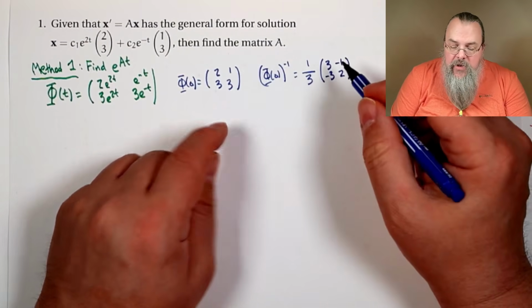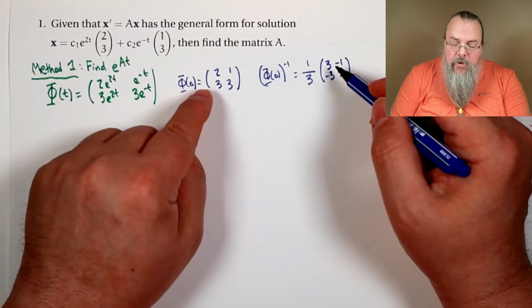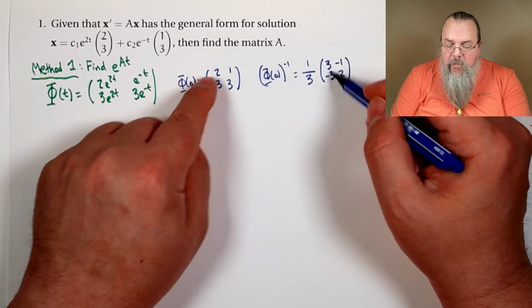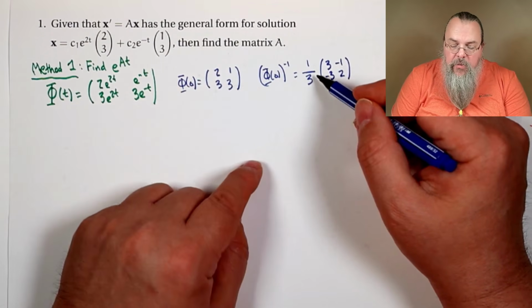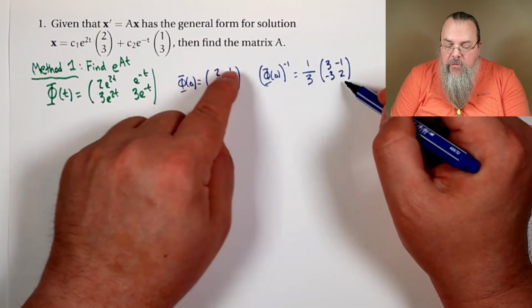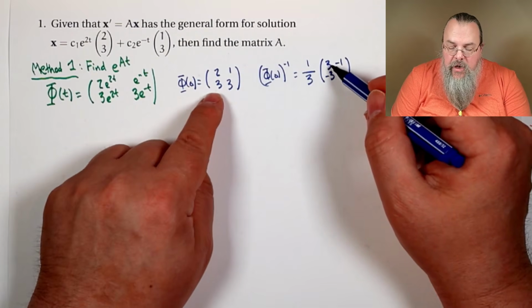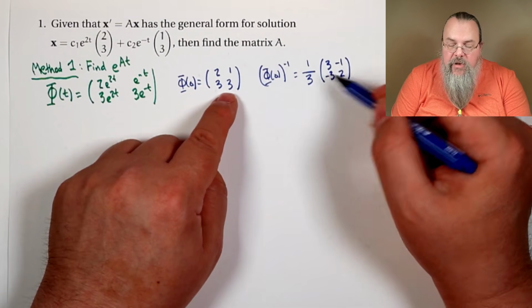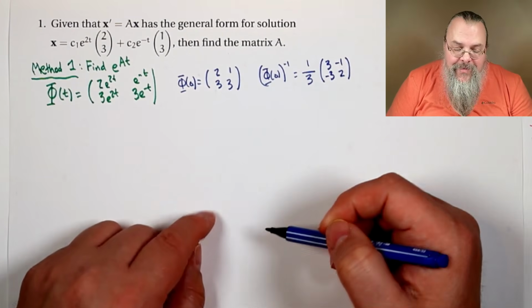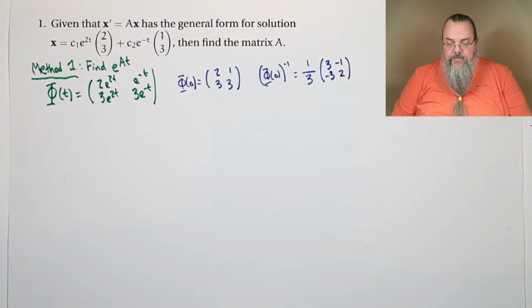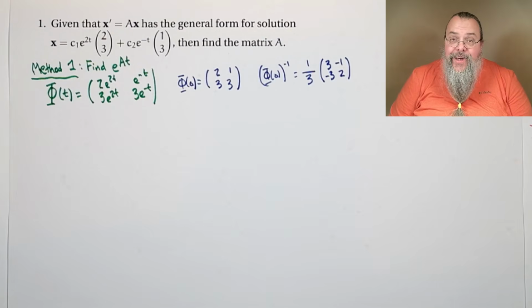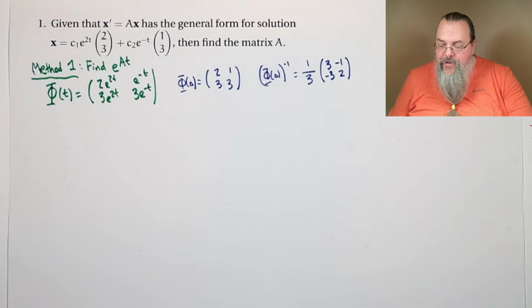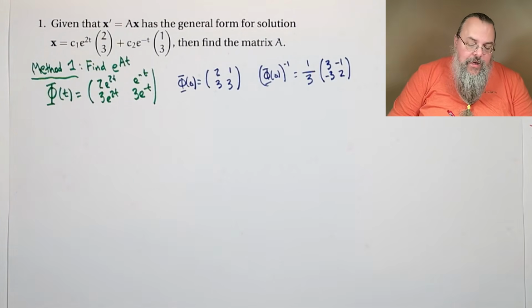And if you're ever in doubt, you can do some quick multiplication and just check. 6 minus 3 times a third is 1, minus 2 plus 2 is 0, 9 minus 9 is 0, minus 3 plus 6 is 3, but times that by a third is 1.